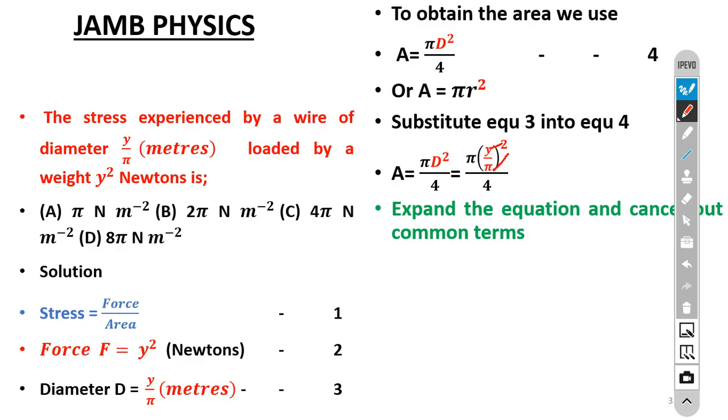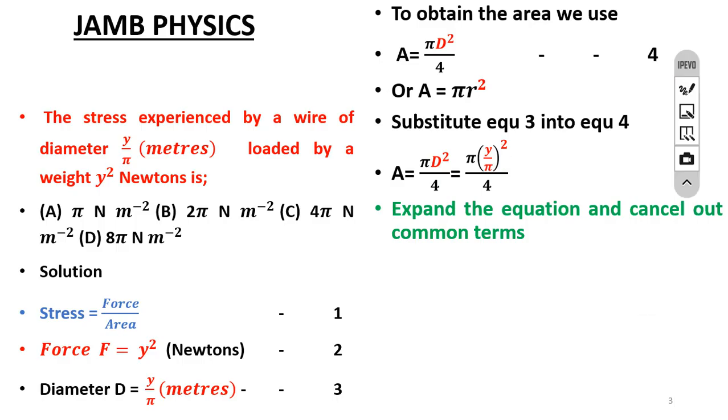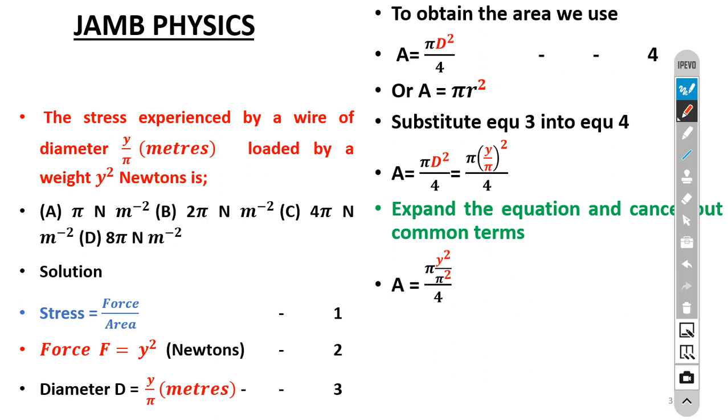So when we do this, we have y squared and then pi squared. Okay, so when that is done, we will arrive at pi y squared over pi squared. Of course, you see we have double pi below and one single pi on top. So this will cancel one of these, and we would be left with y squared over pi.